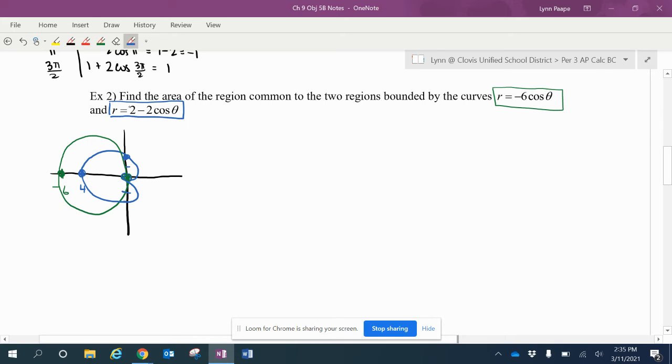Okay. So I want to find the area of the region that is common to the two regions. And so that would be this section that is in here, right? So that piece there is what I'm looking for. So I'm going to dissect this so we can make sure that we understand what it is that we're trying to find. This is one problem that a lot of students will struggle with. And so I want to find this intersection right here.